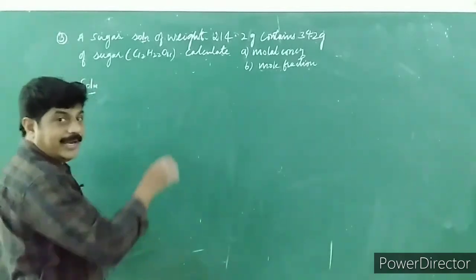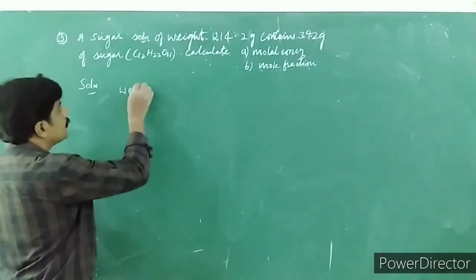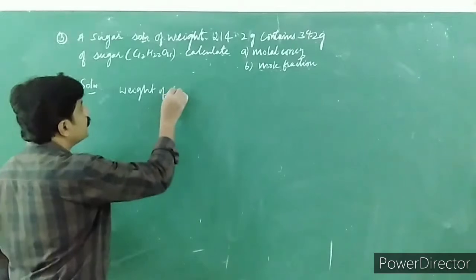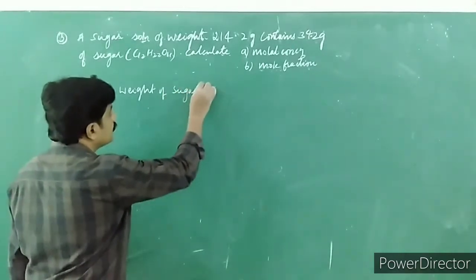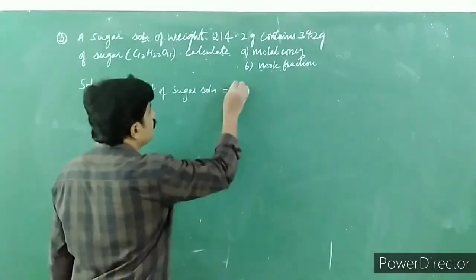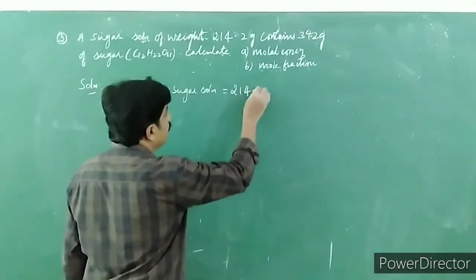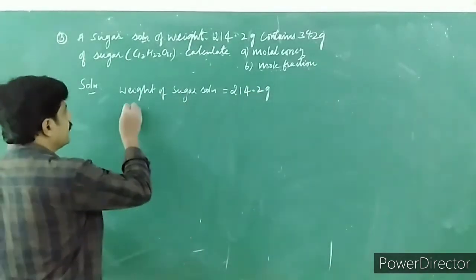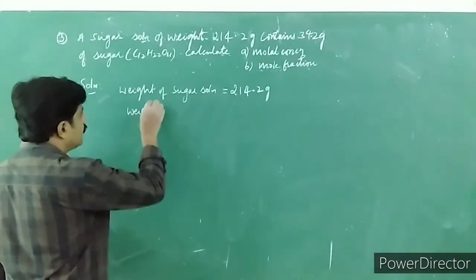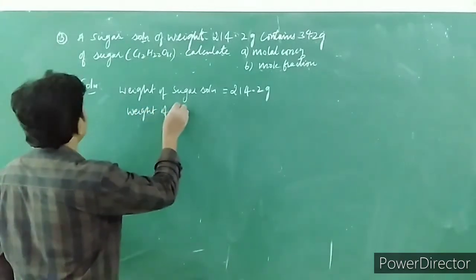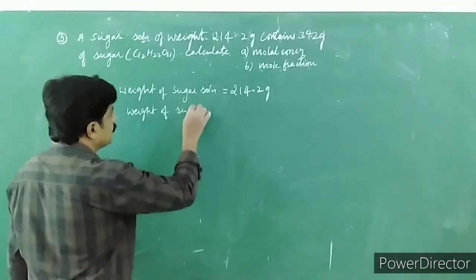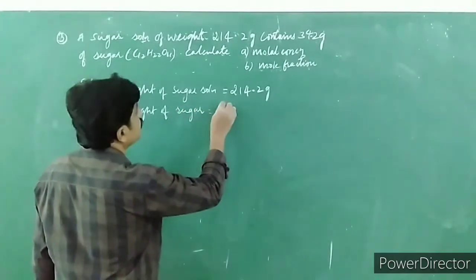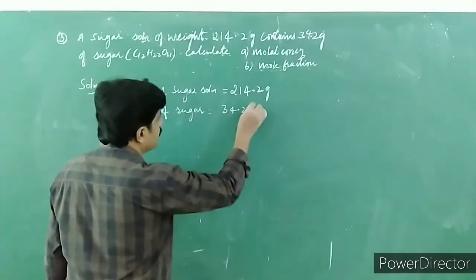What are they given? The weight of the sugar solution, how much? 214.2 grams, is it not? Then what have they given here? The weight of sugar, how much here? It is 34.2 grams.